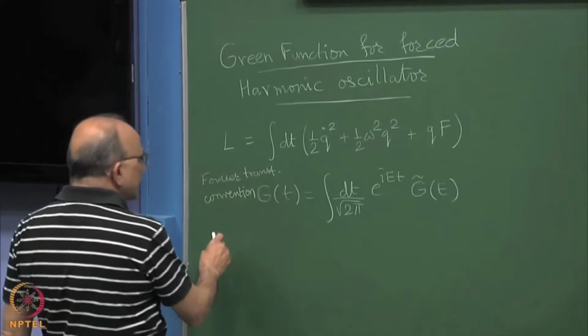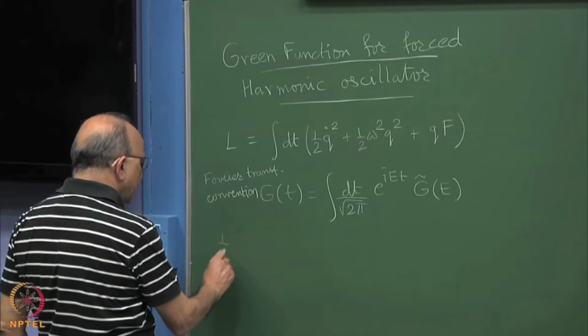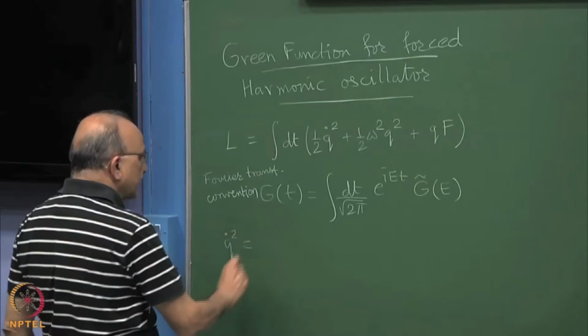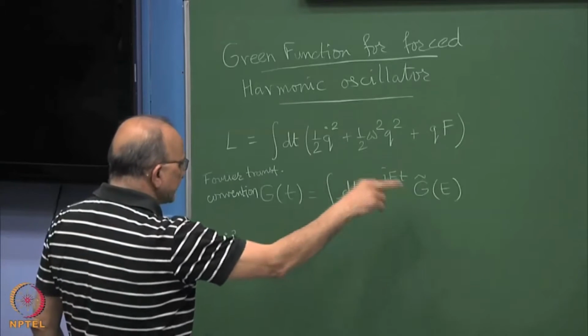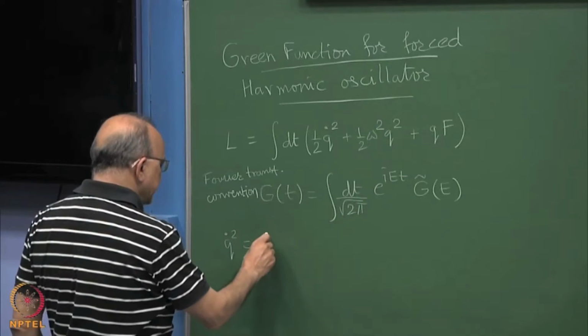Now we try to calculate what happens to the half q dot squared. So q dot squared will require you to take something like this and differentiate it under this integral sign.